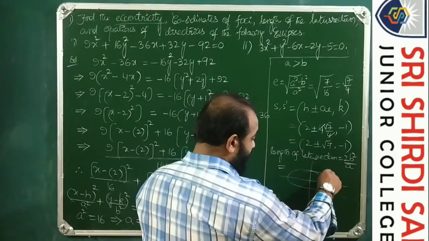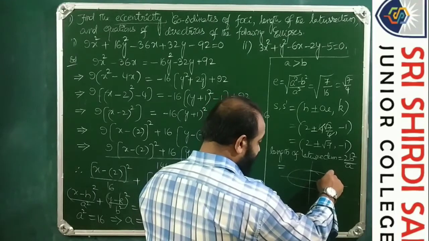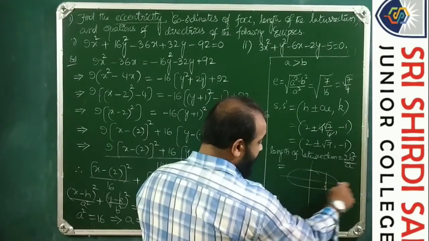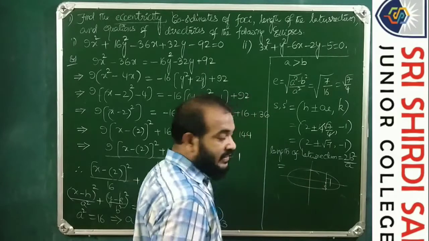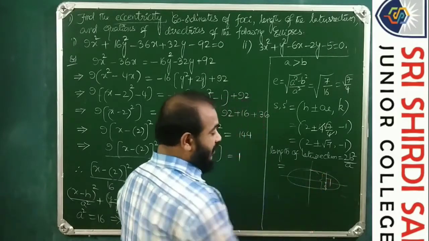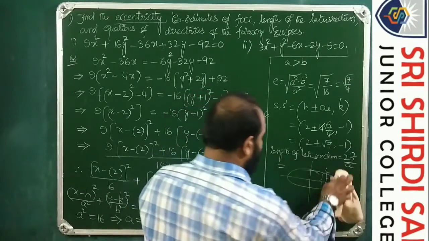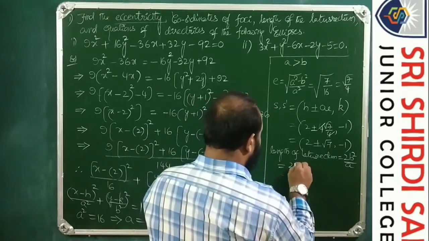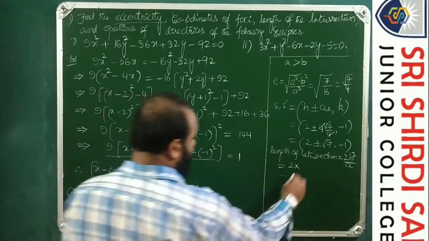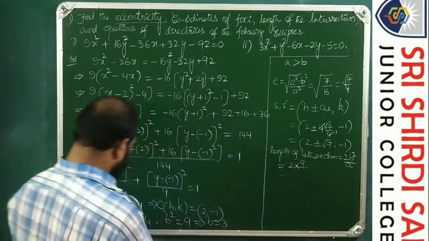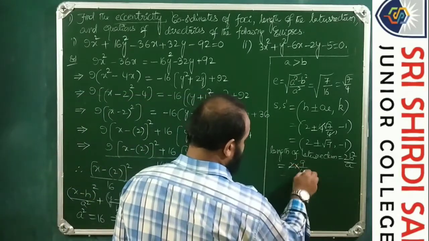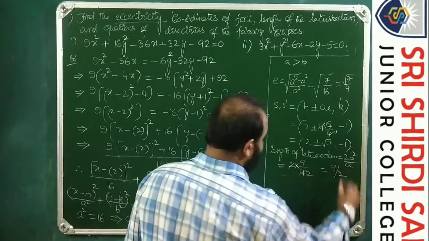So the chord which is passing through the focus and perpendicular to the major axis is the latus rectum L dash. Which is 2b square by a. So 2b square by a is 2 into b square, which is 9, by a, which is 4. So 9 by 2.